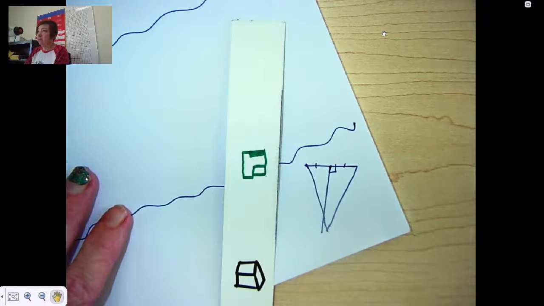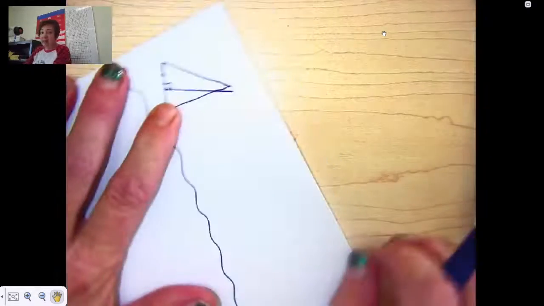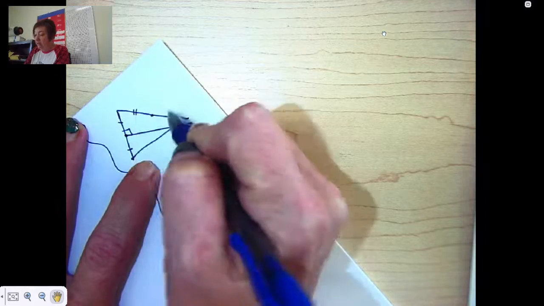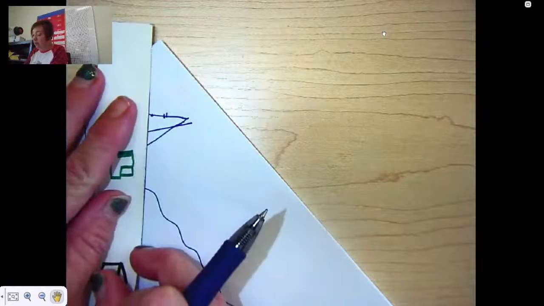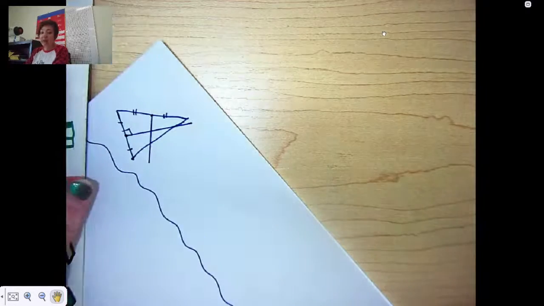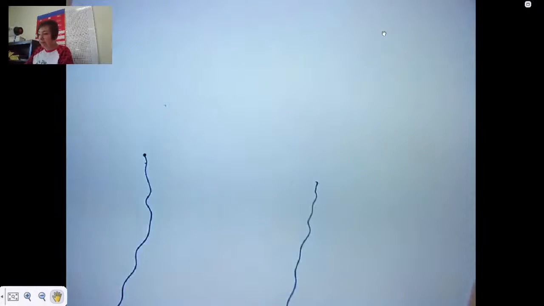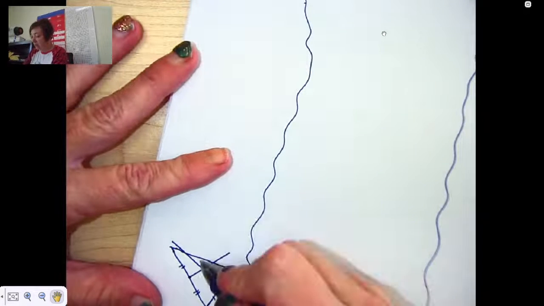There's my segment. That wasn't very good, but y'all get the idea. And then this side's going to have the same thing. So I'm going to eyeball about the center. That means this side is congruent to this side, right? And then I'm going to draw a segment that's roughly 90 degrees. And then we're going to have the same thing for this other side. And yes, I am turning my paper because it's easier for me to visualize like that.